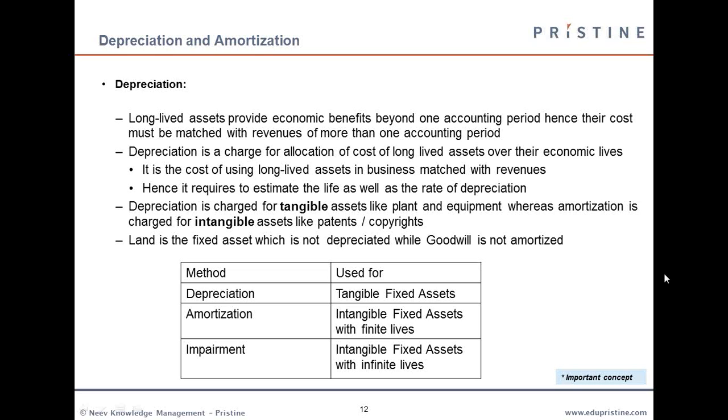Impairment is something which we use for long-lived assets which have infinite lives. For example, goodwill. Goodwill doesn't really have any duration. Goodwill is something which is the excess over the book value. So this is not amortized. This is only checked for impairment once a year or once in 2 years or something like that.